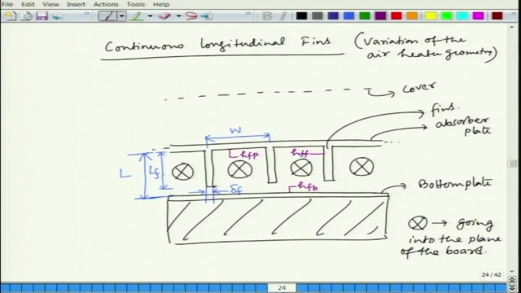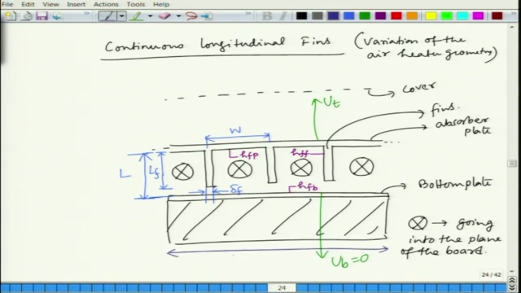And then the usual stuff is there. Here you have the top loss coefficient, and from the bottom plate you have the bottom loss coefficient, which we again assume to be 0. Okay. Now, the other dimension that we have is perpendicular to the flow direction.